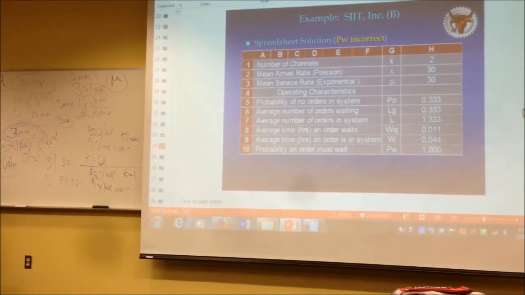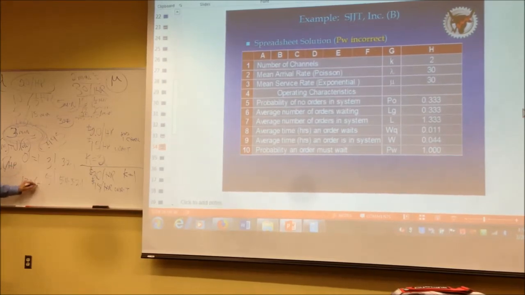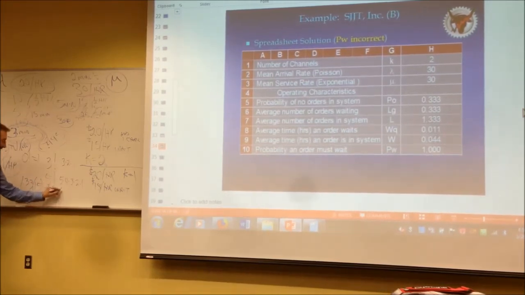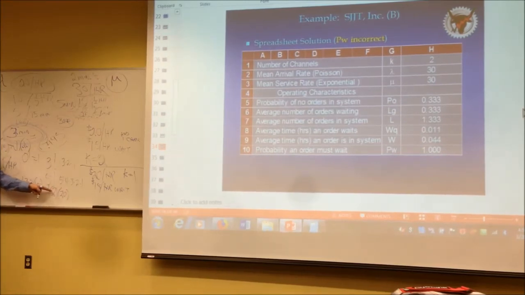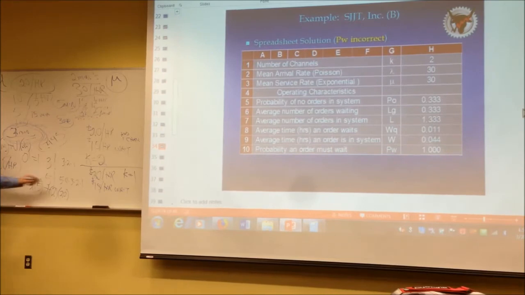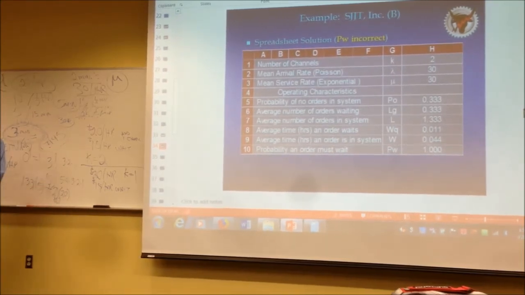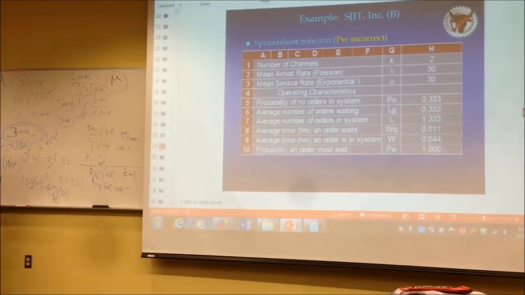L now is 1.33 times $15 waiting cost, L times the waiting cost, plus 2 service channels instead of 1, times each of them. We're spending $20 an hour on each of them, let's say. Now add this up. 20 times 2 is 40. 1.33 times 15, a third of 55, that's 20 also?